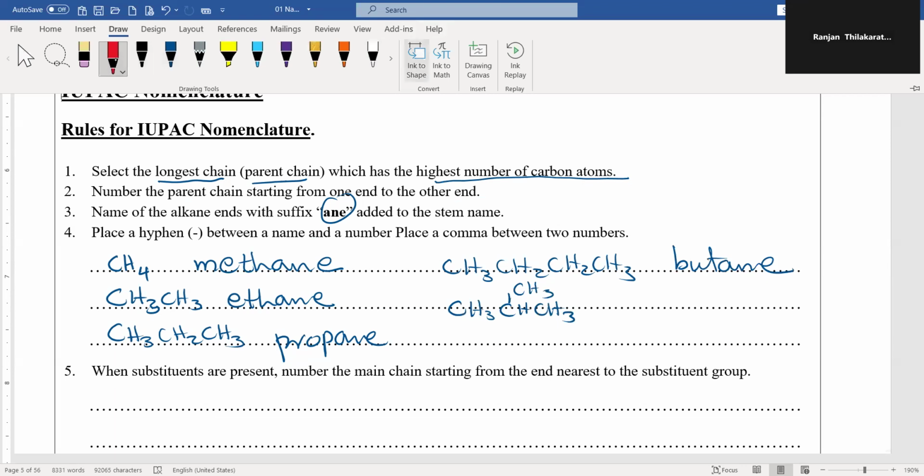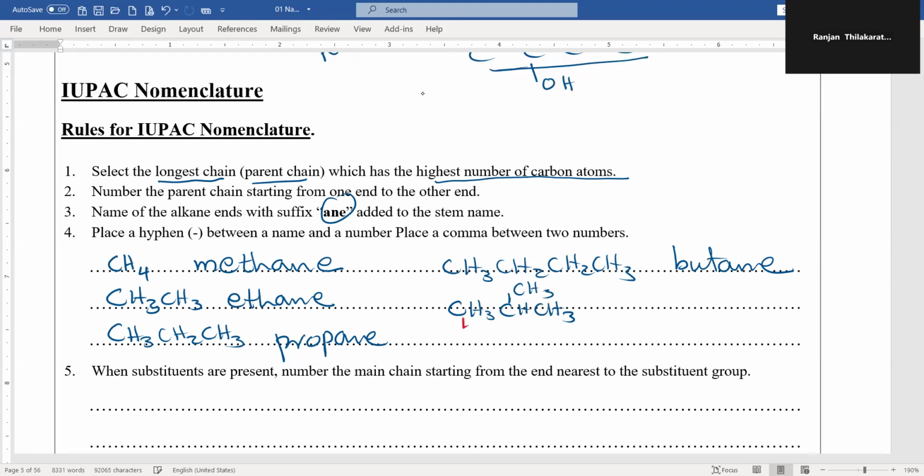First you get the longest carbon chain and label it as 1, 2, 3, and so on. Then the second carbon, the central carbon, has this substituent. Then the substituent is on second carbon.